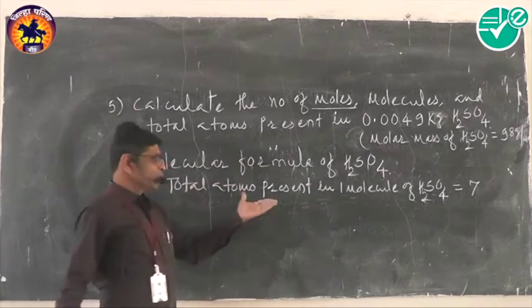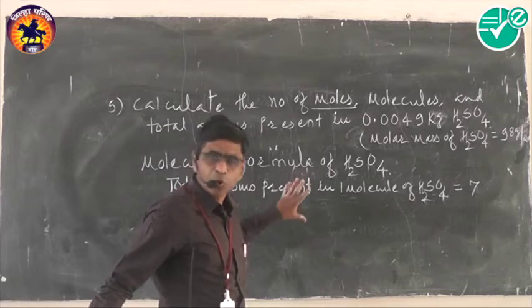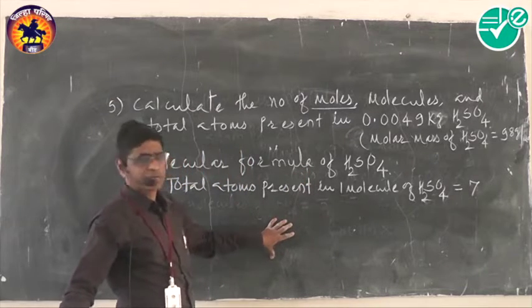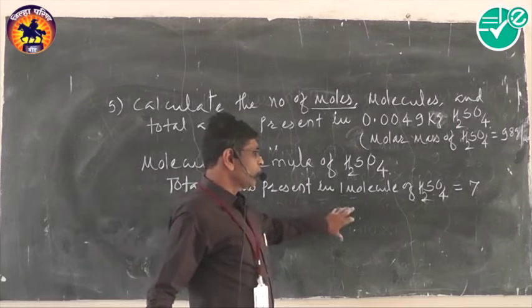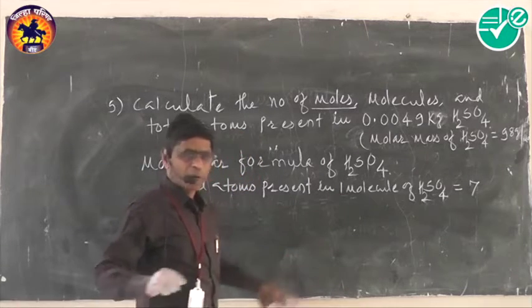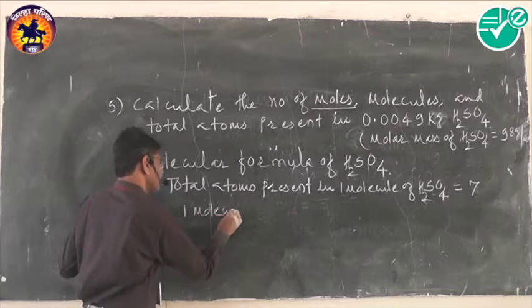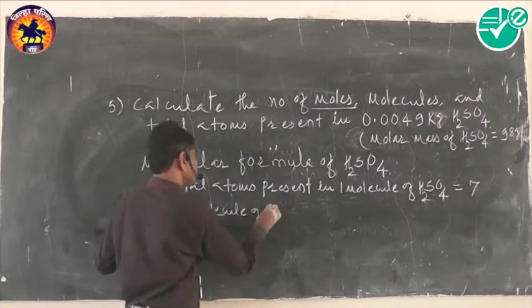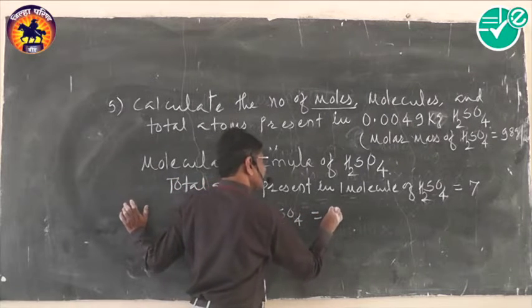And as we know the number of atoms present in one molecule, you can calculate the total number of atoms present in 31.11 into 10 raised to 21 molecules. Now one molecule of H2SO4 corresponds to 7 atoms.